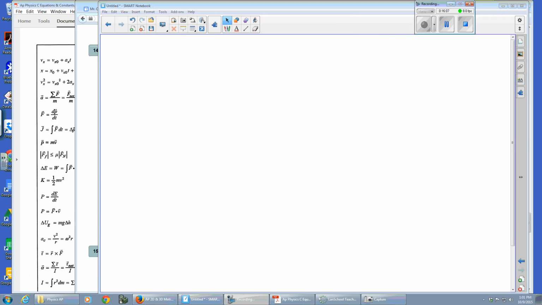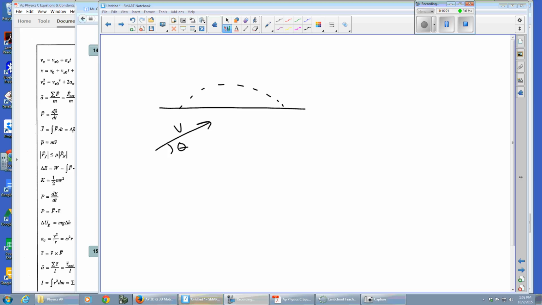So, the range equation, on the special condition of this, with this being at theta. You know that the displacement in the y is 0, and the displacement in the x we call the range of the projectile.